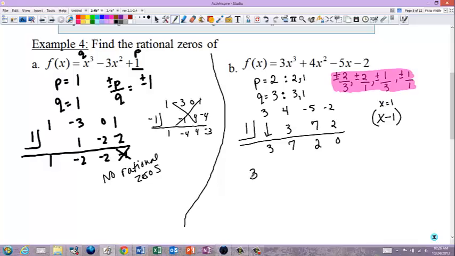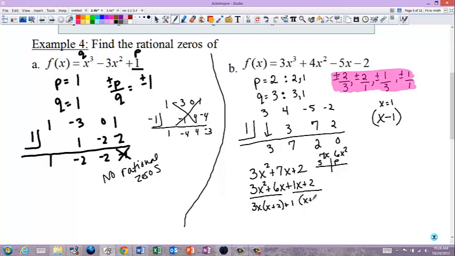So then I take what's left. It'd be 3x squared plus 7x plus 2. It's a quadratic. I can solve a quadratic, so now I'm going to factor it. 7, 6, 6 and 1, 3x squared plus 6x plus 1x plus 2. 3x, x plus 2, plus 1, x plus 2, x plus 2, 3x plus 1.